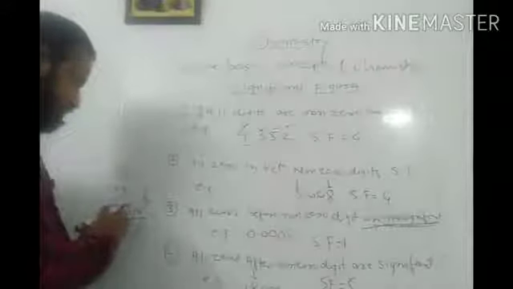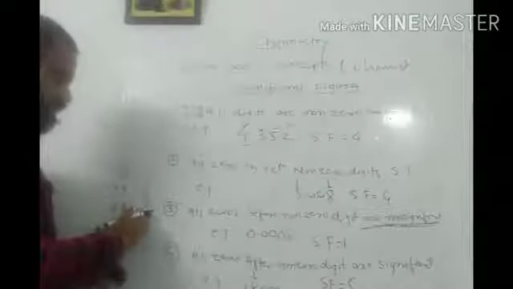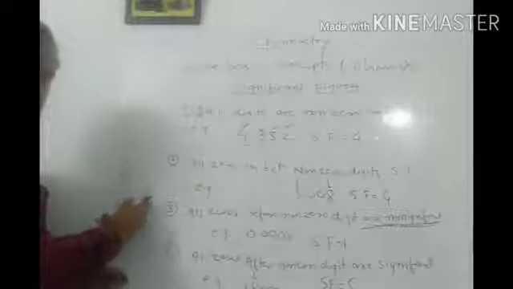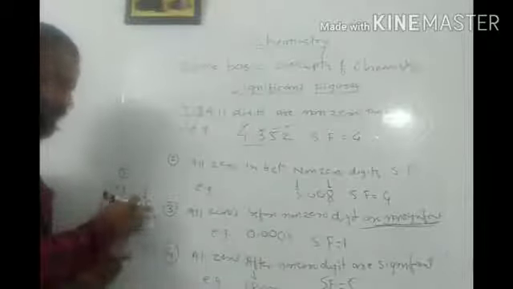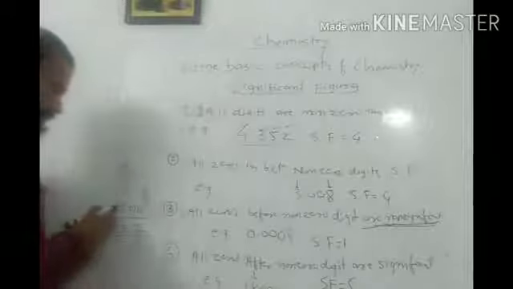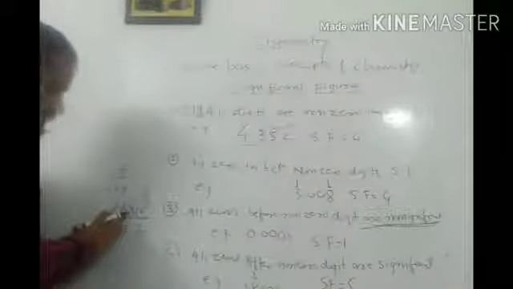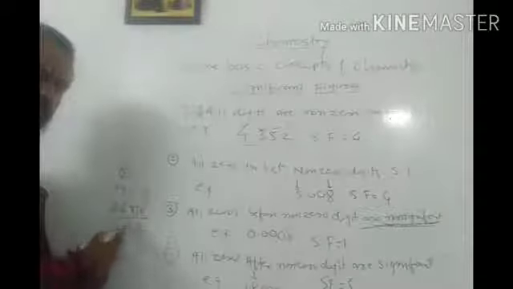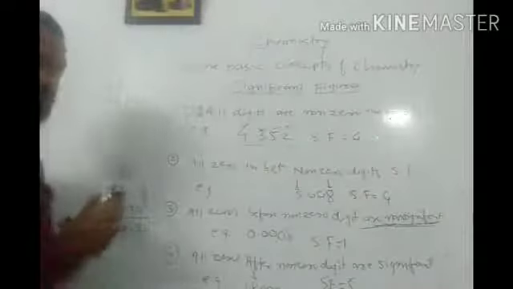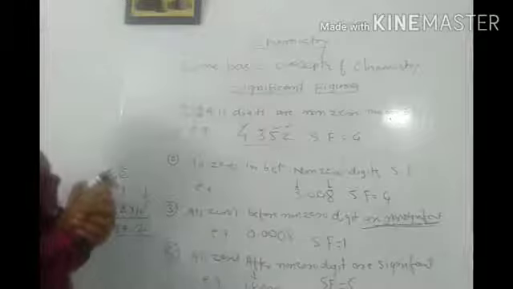In this case, 2.8 into 10 raised to 5, I neglect 10 raised to 5 and consider only this term, for which the significant figure count is 2. In this way, you can easily calculate the significant figures.